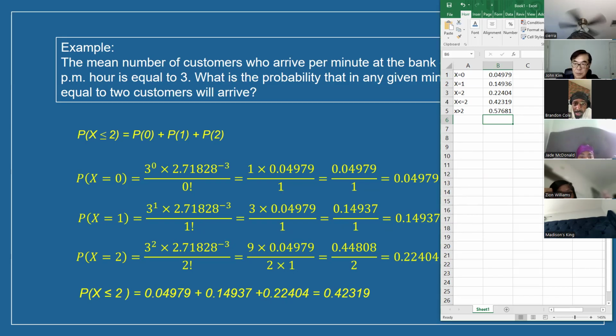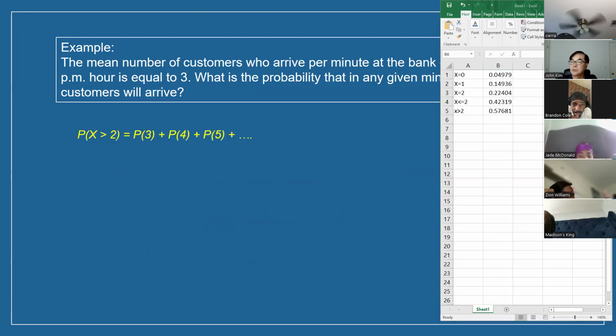Can you do the last row again? Yes, okay, just a moment. So this is this question.